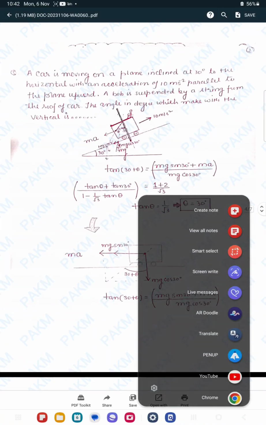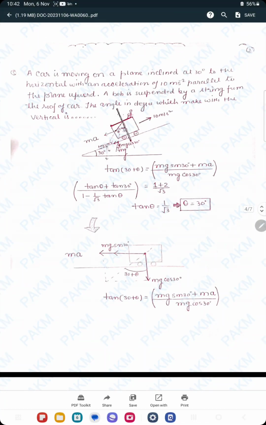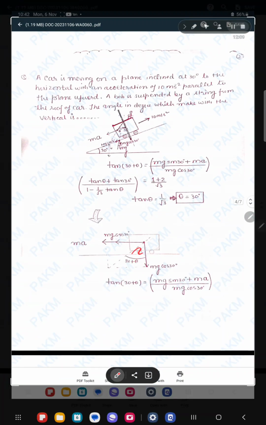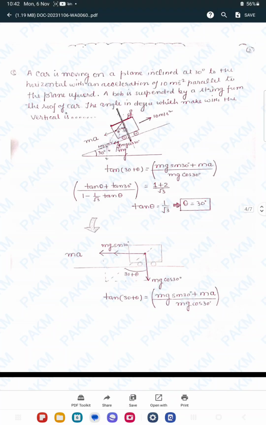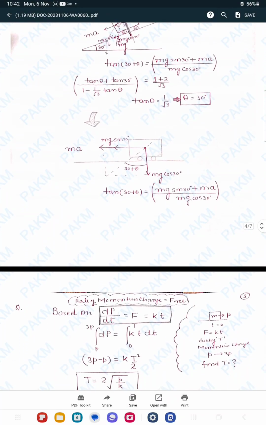As you know, the total angle from the vertical is theta plus 30, so simply use this triangle and apply tan of theta plus 30 as perpendicular upon base. By the given condition we can calculate the value very easily.